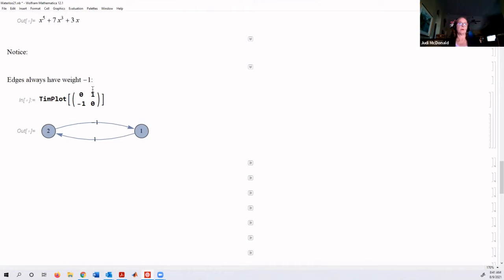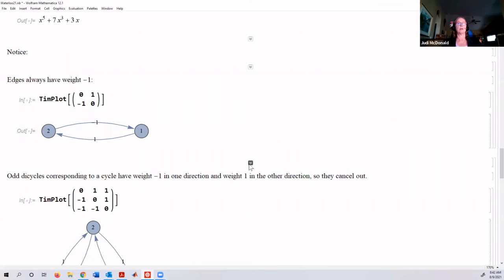And then remember, when we're putting things together in a Harary-Sachs formula, we negate the weight. So edges are always going to contribute a +1 to our formula. Edges behave very nicely in these skew adjacency matrices because you don't even have to keep track of the sign, because it's always positive.